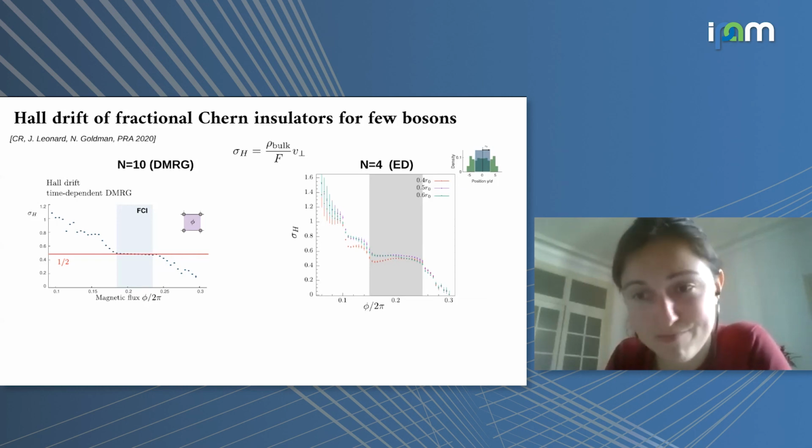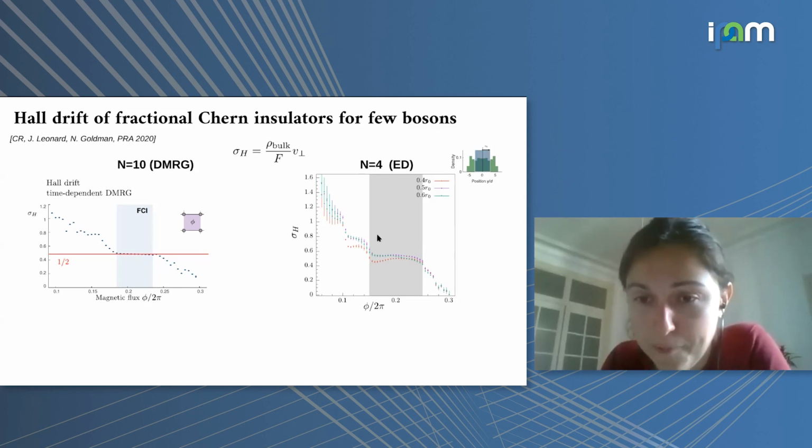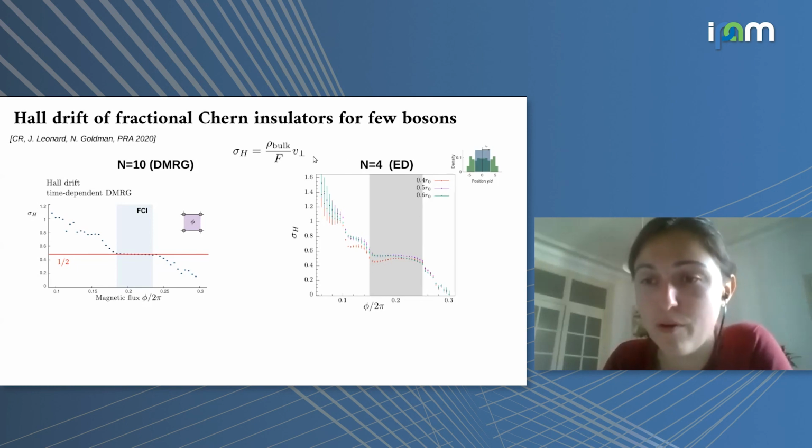Now I can take different values of R0 and see if it makes a difference to my result. So it's a way of estimating the error bar associated with, well, not exactly finite size effects, but more edge effects, if you want.